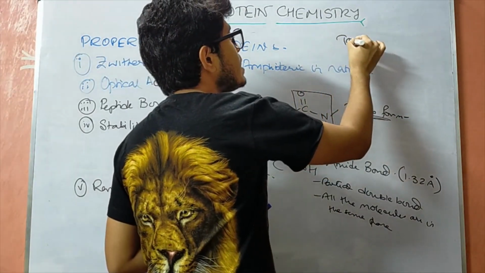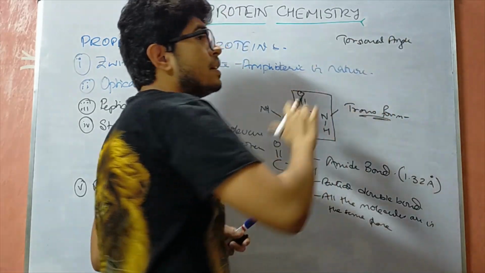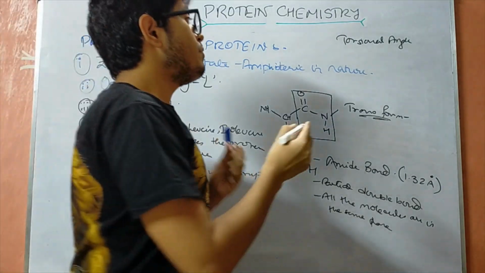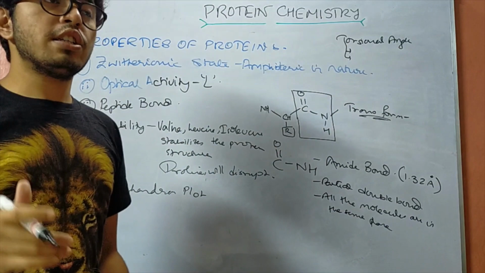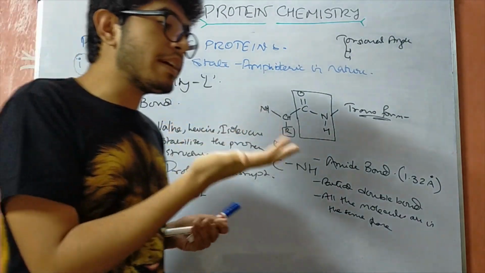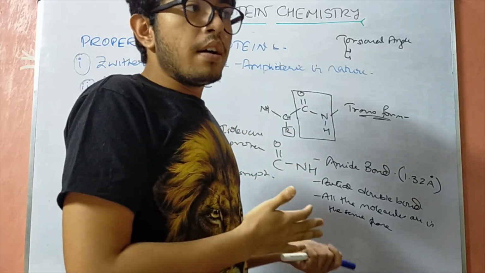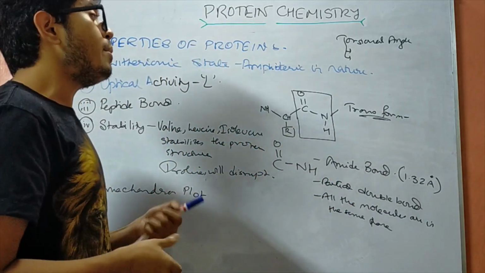There is something called the torsional angle. Based on the torsional angle, the protein molecules are depicted in a graph, so that by seeing the graph we can tell whether a protein is present in a stable form or not.